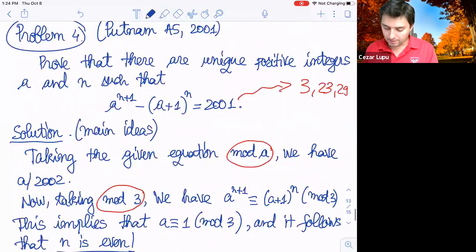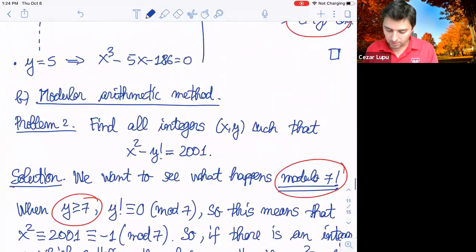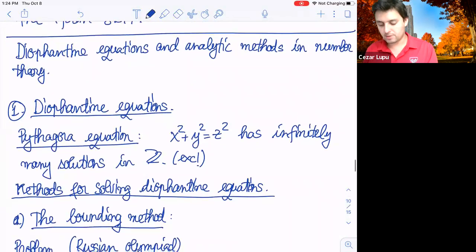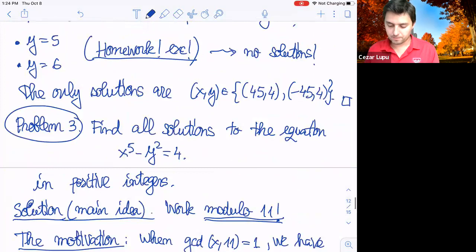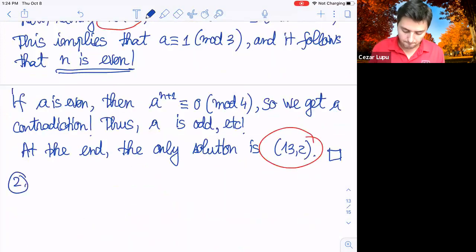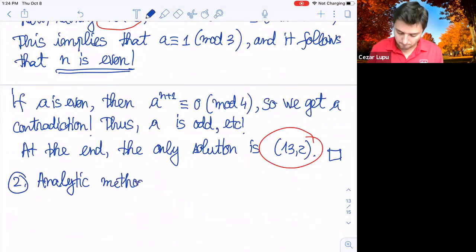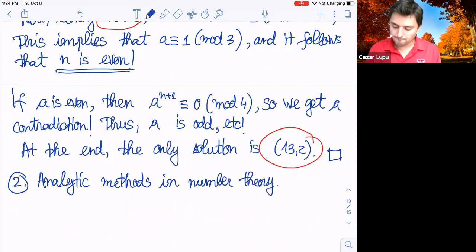And now, let me start with the second part, which is some analytic methods in number theory. And here I would like to dwell more on prime numbers.